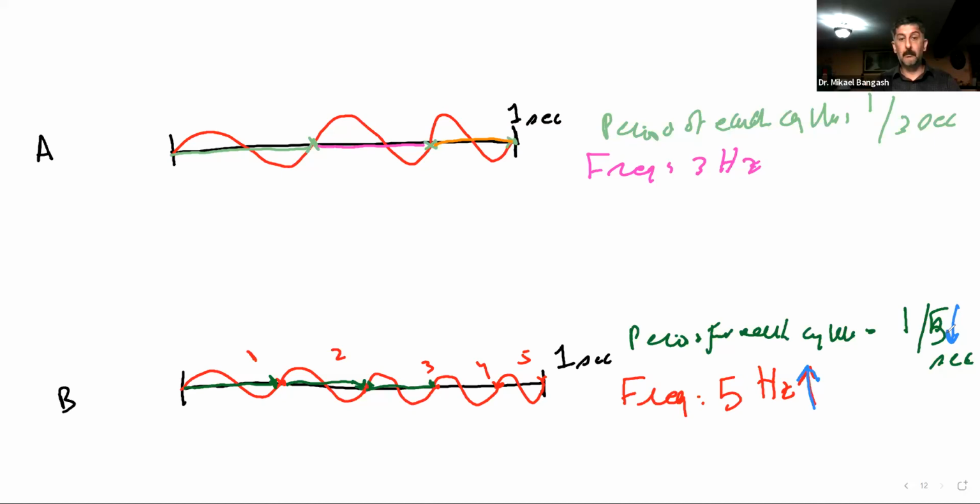And here we have the lowest frequency of the two because we have the greatest period.